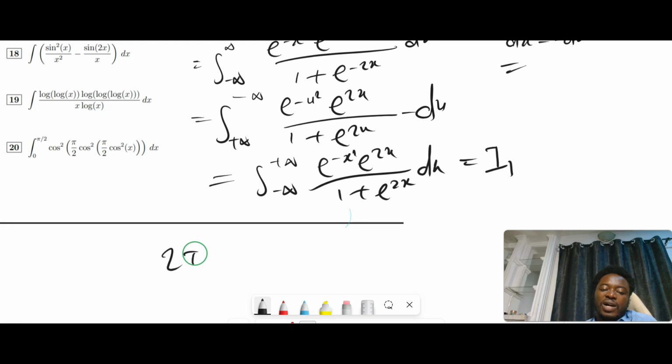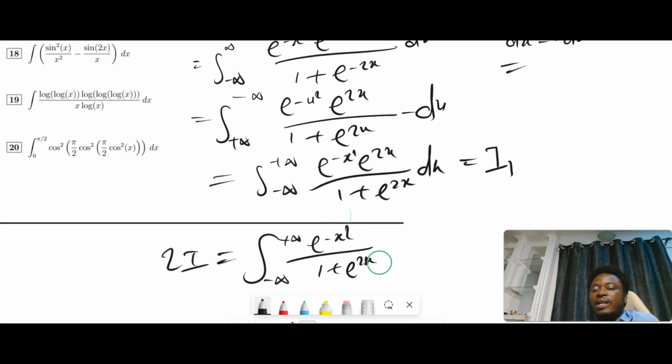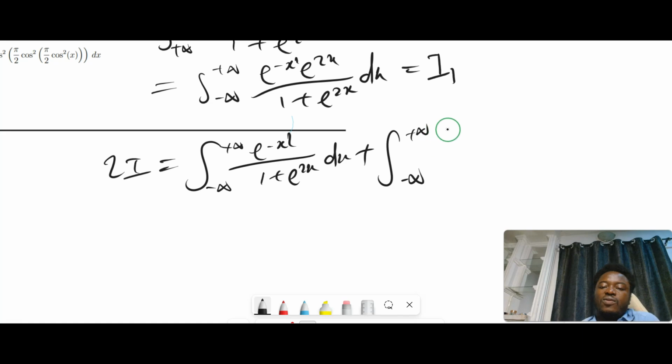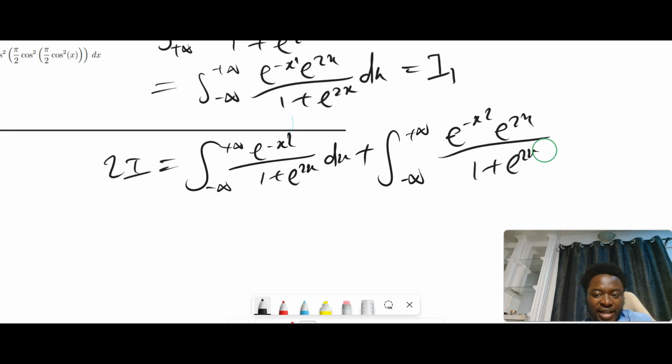So that means 2I would be, first of all, the integral from negative infinity to plus infinity of e to the negative x squared over 1 plus e to the 2x dx, that is the original integral. Then the other integral, this new one, is the integral from negative infinity to plus infinity of e to the negative x squared e to the 2x over 1 plus e to the 2x dx.